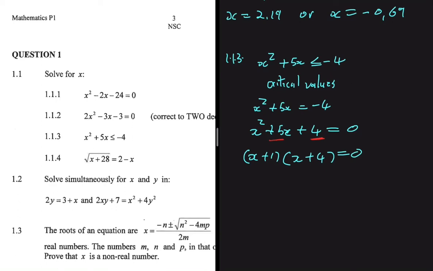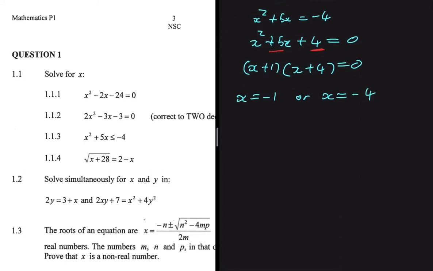Obviously, when you get to this step, you can actually multiply out the bracket and see if you get what you started with. So if we go ahead and solve this, x will be equal to minus 1, or x is going to be equal to minus 4. So this is where it gets interesting, right? The way I solve this problem, I introduce 2 possible solutions, right?